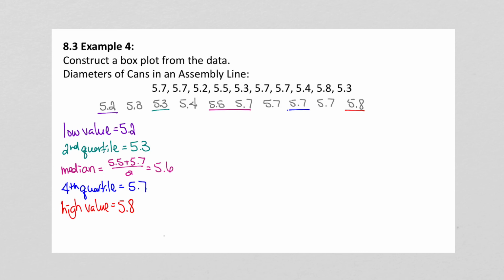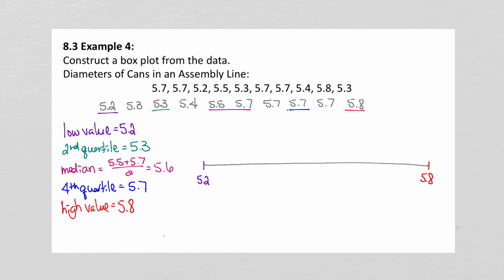So to make our box plot, we'll have a number line going from our low value of 5.2 to our high value of 5.8. So let's see if I can get this right here.